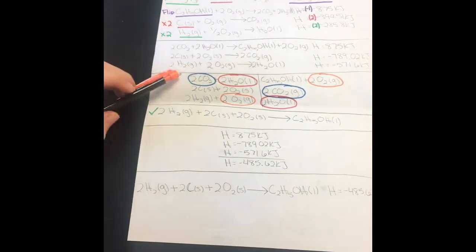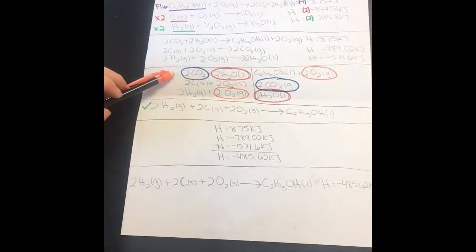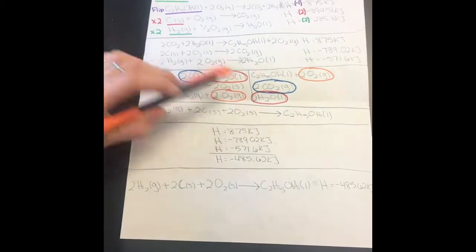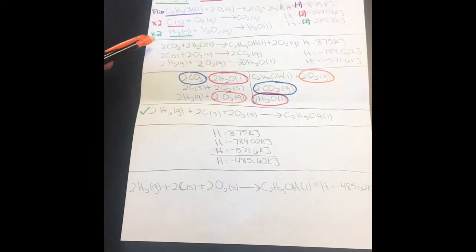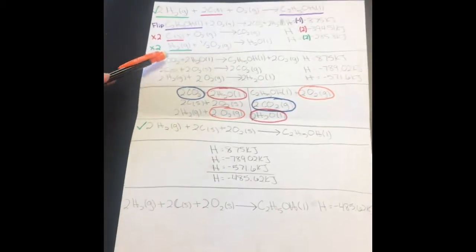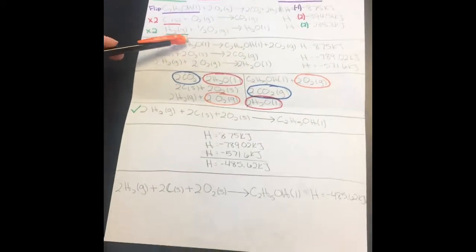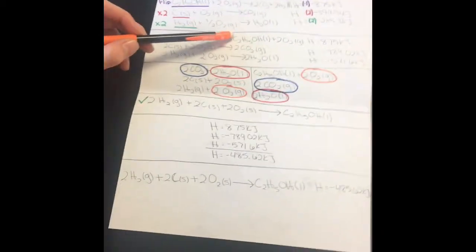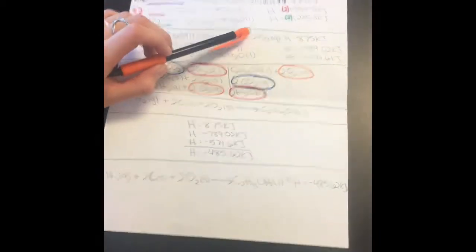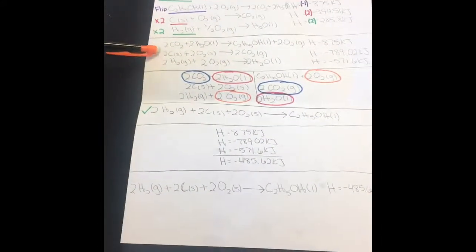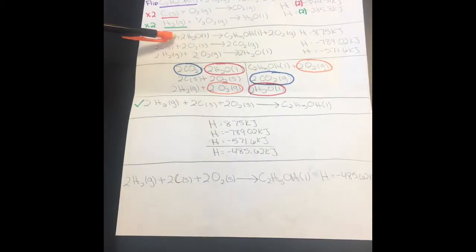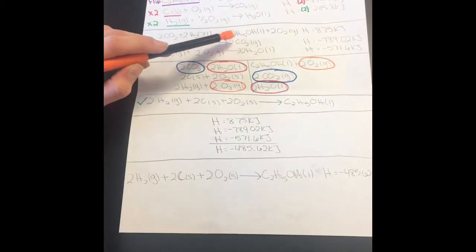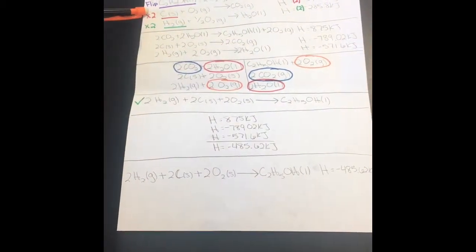Then you have to lay out all of the products and reactants based off your new equation. The new equation would be 2CO2 plus 2H2O with the product of C2H5OH plus 2O2, because we flipped this equation. And this one is 2C plus 2O2 with the product of 2CO2, because we multiplied everything by 2.